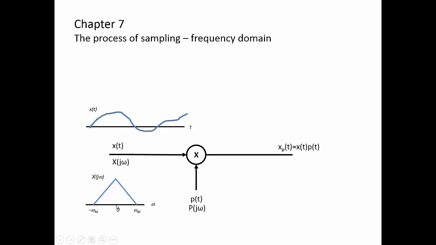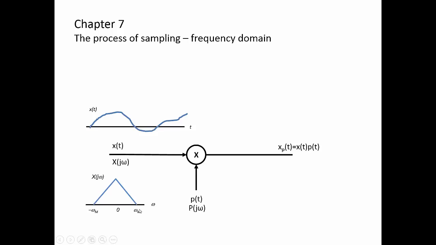This has certain characteristics which are important to our analysis. We know x of t is a real signal. All values are real, not complex, not imaginary. Therefore, its spectrum will be symmetric around 0. It is important for this analysis that the spectrum, when we are beyond a value omega m, and when we are before a value negative omega m, has amplitude 0.